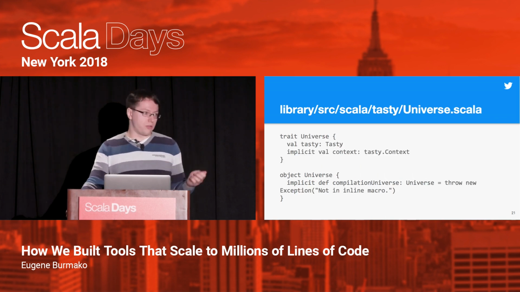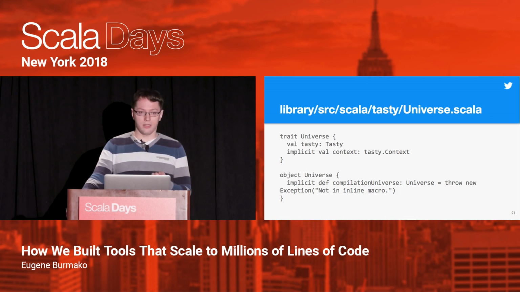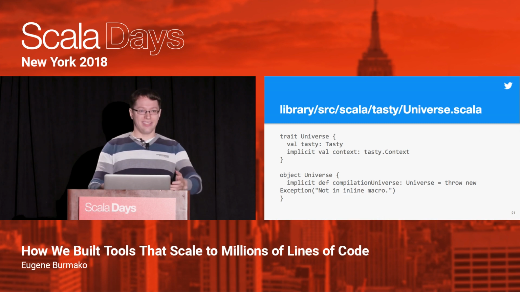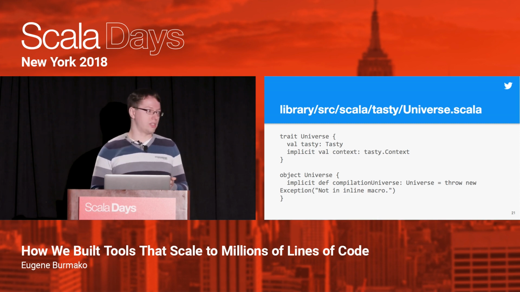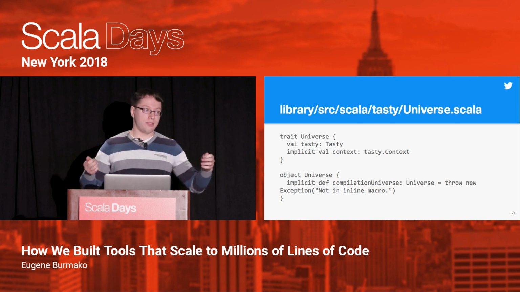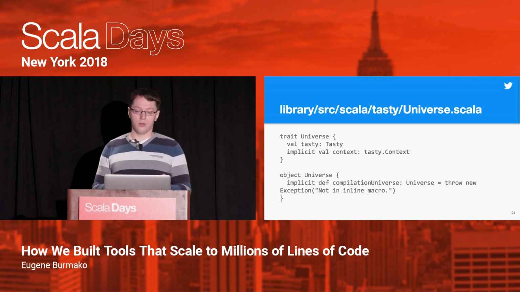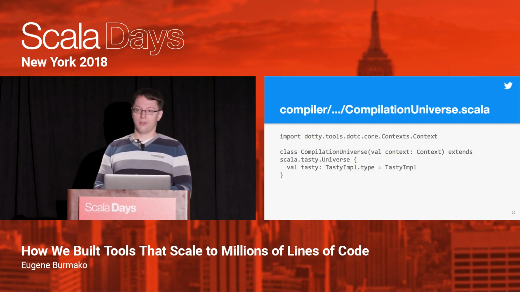So Universe looks like it's a wrapper for something called Tasty, and the context; I won't go into details. But again, let's see what instantiates this Universe. In the Dotty library, again, there's just one usage, which is a stub. So that's curious. Now, if we expand the search scope to the entire Dotty code base, we finally find an implementation, which is called CompilationUniverse, and it lives in the compiler source code.